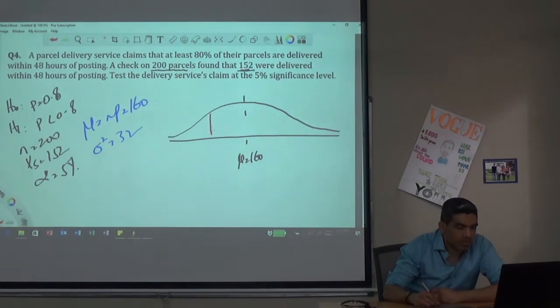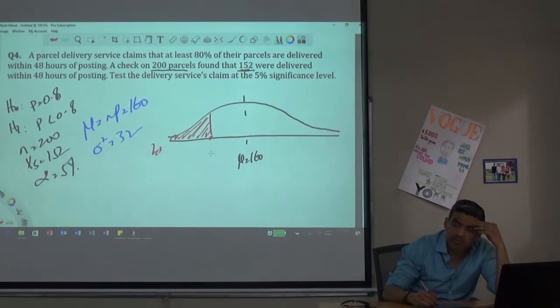Rejection region is on the left. What would be the Z critical for 0.95? 1.645. Minus 1.645.